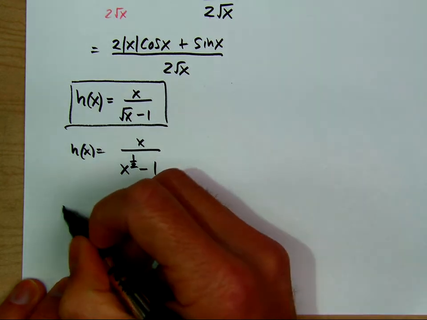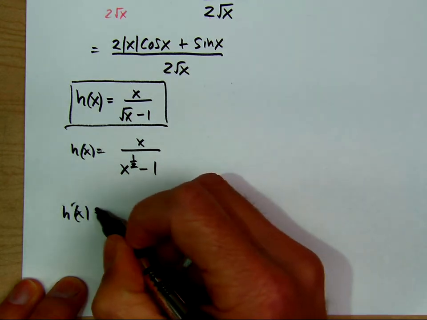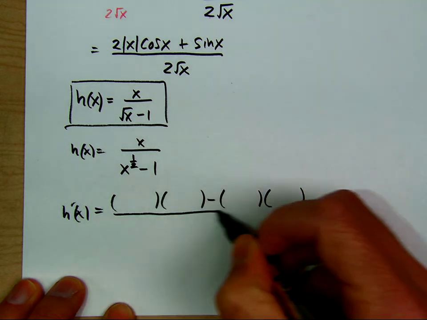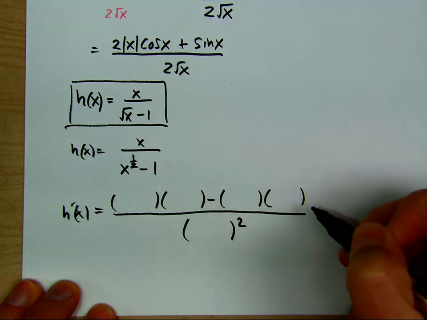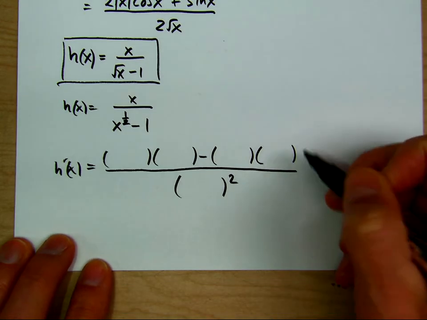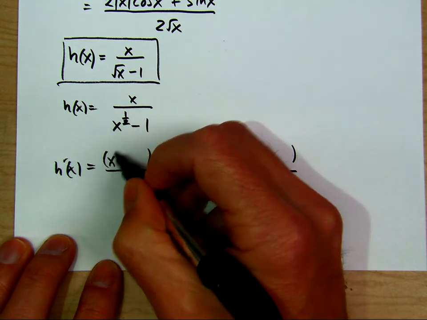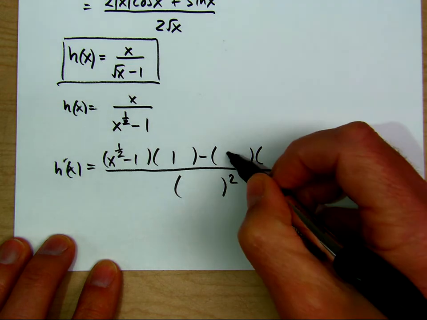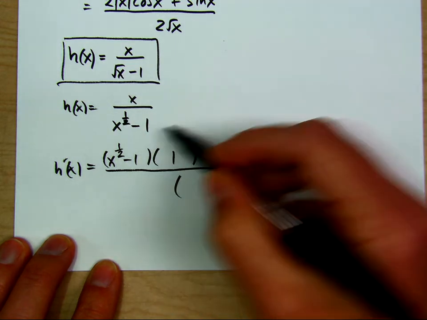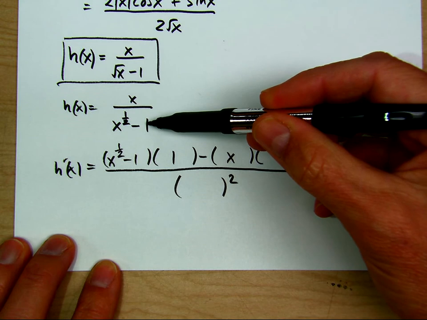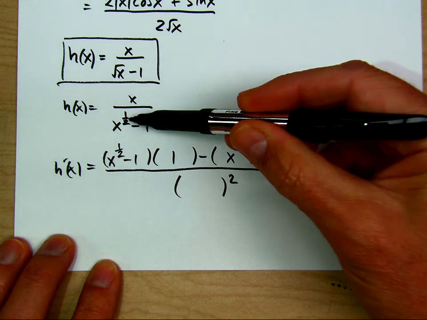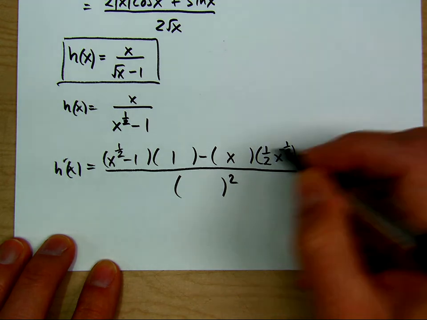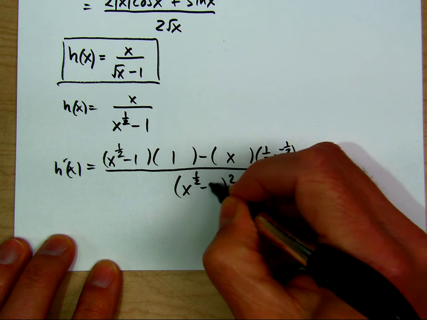And now the derivative follows that template, and we're going to use the denominator times the derivative of the numerator minus the numerator times the derivative of the denominator. The derivative of 1 is 0, and then we'll do the derivative of x to the 1/2. So that's 1/2 x to the negative 1/2, and the denominator squared.